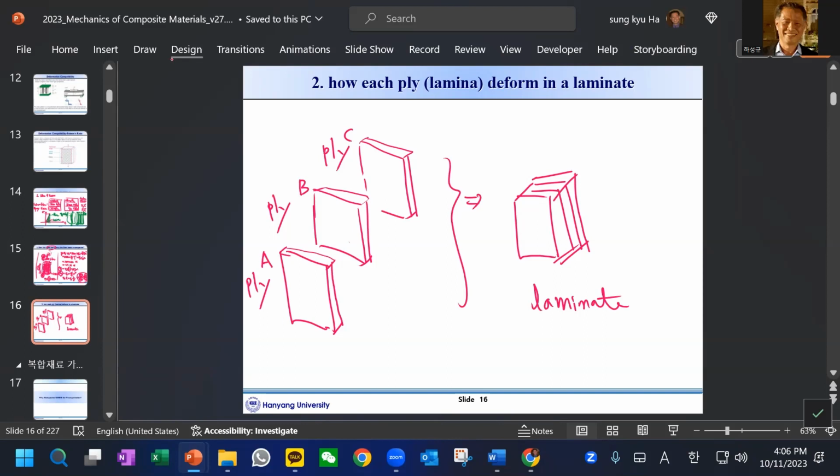So how does each ply, A and B and C, deform in a laminate? Imagine that this is under a certain load. A load can be here, or a load can be there.